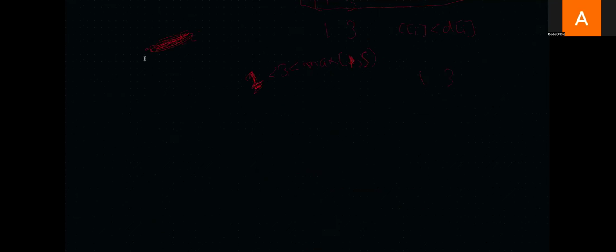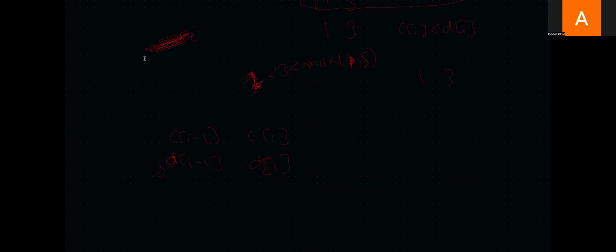Ci minus 1, Di minus 1, and then we have Ci and Di. If Di minus 1 is greater than Di, there is one thing that you can do.